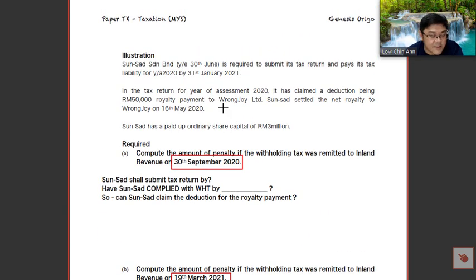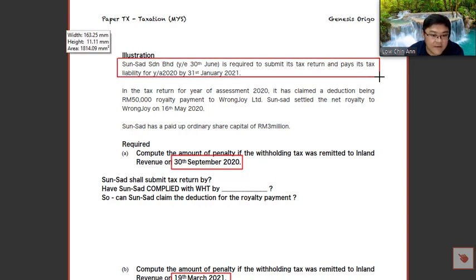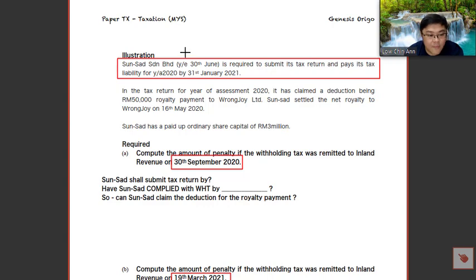Now, the story starts with Sunset Sdn Bhd, whose year end is 30th June, and is required to submit its tax return and pay its tax liability for 2020 by 31st January 2021. Now, I'm giving you the facts. If your year end is June, you've got 7 months and the due date is 31st January, okay?